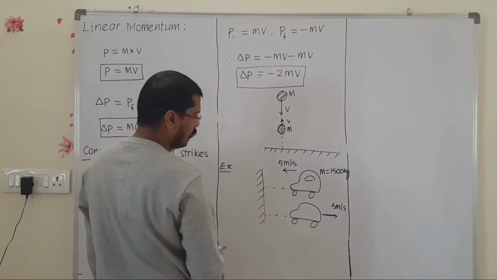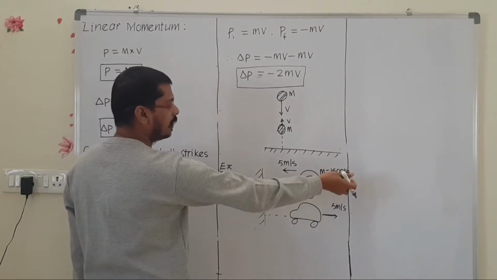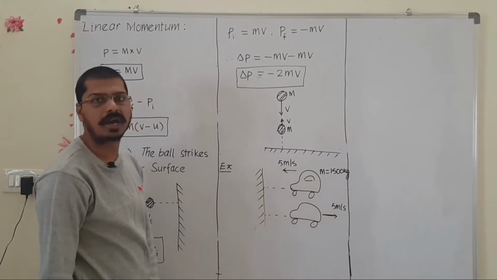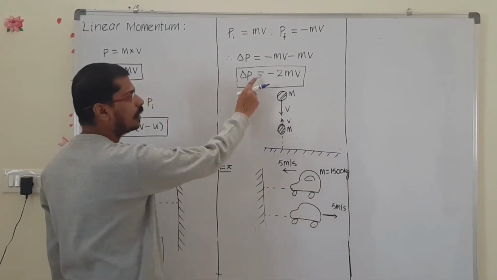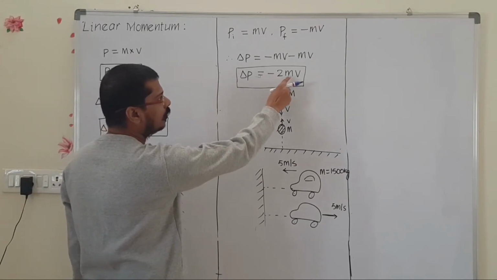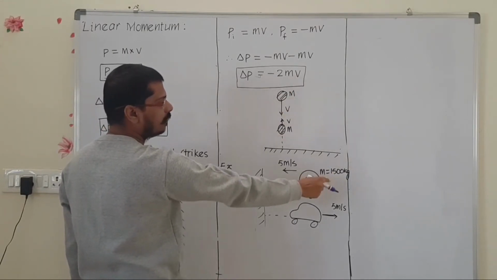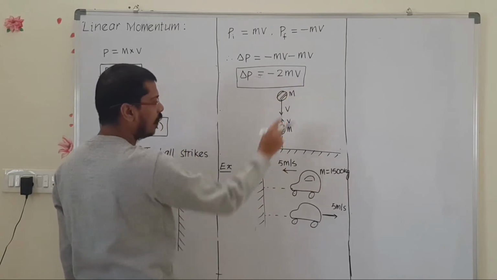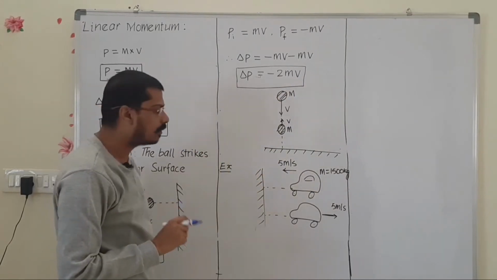To find the change in momentum, the mass is given as 1500 kg and the velocity is 5 meter per second. The change in momentum is minus 2 m into v. The m value is given as 1500 kg and the v value is given as 5 meter per second.